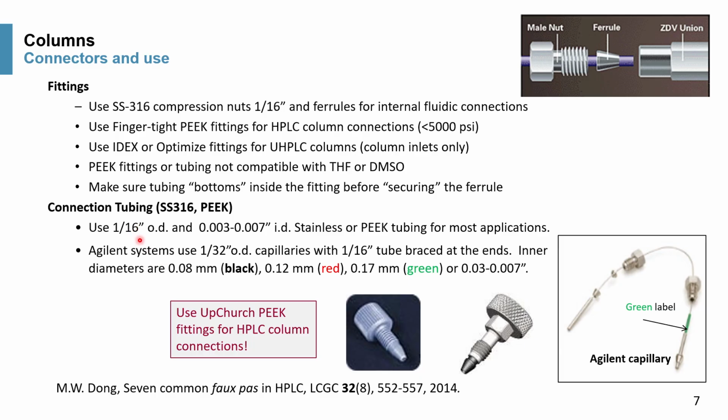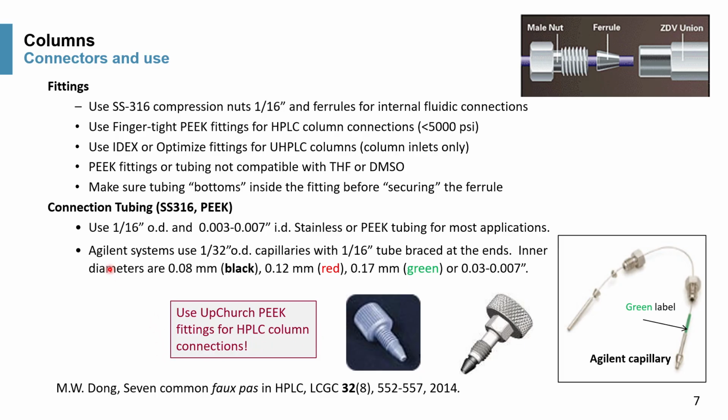Occasionally, one can also use stainless steel tubing, but make sure that anything in the sample fluidics, where the sample would see it, the inner diameter should be small to prevent extra column band broadening. So typically, the OD is always 1/16 of an inch, and the inner diameter or ID should be from 0.003 to 0.007 inch ID.